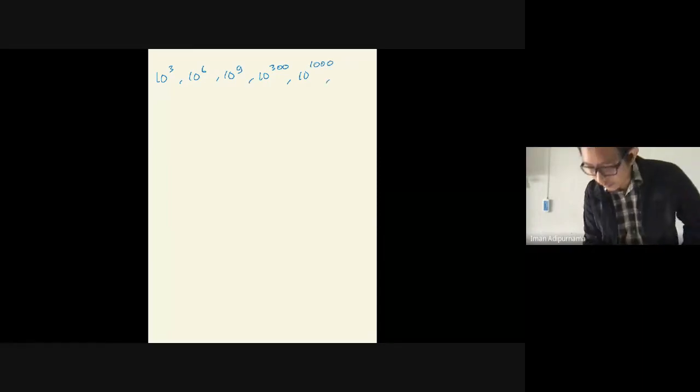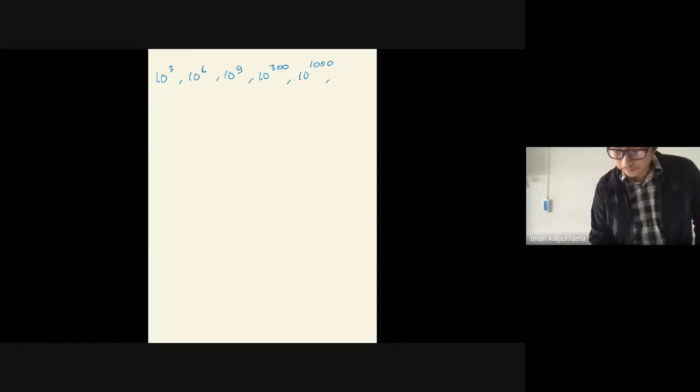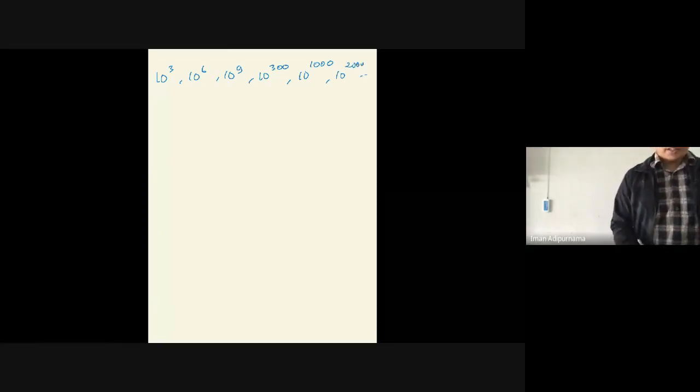I will make everything in base 10 approximately. Maybe 10^10,000, and so on. So if you take log, this is just 3, 6, 9, and so on.